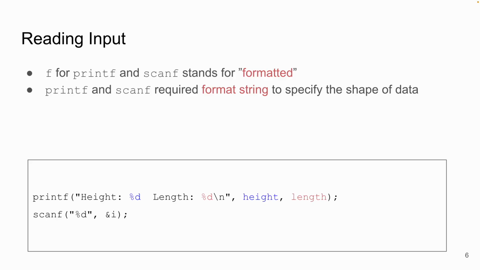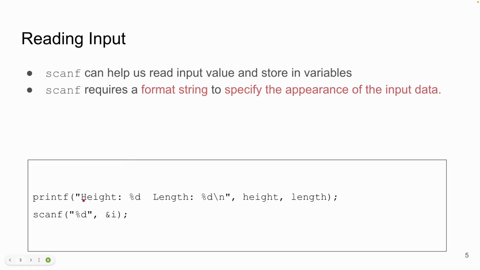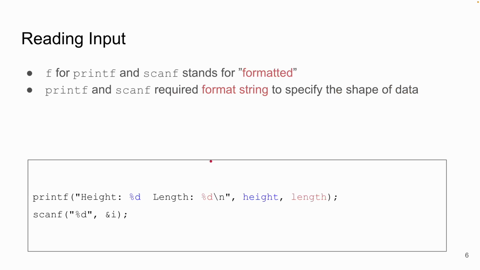So now we know why printf and scanf have the f at the end. So actually the f for these two functions stands for formatted. So that is why we say this is a format string. So what it means is that these two functions, printf and scanf, need a format string to specify the shape of data.